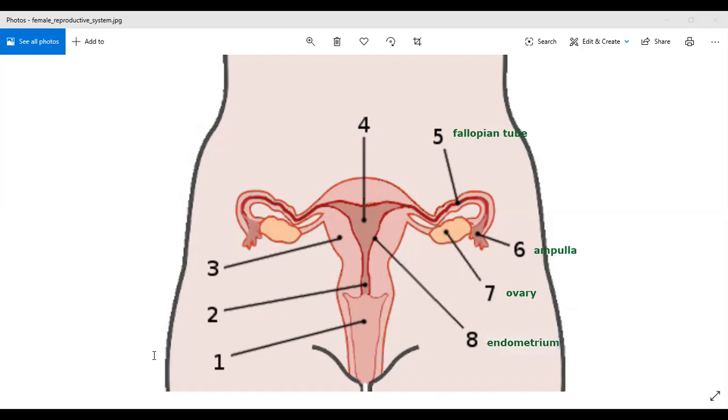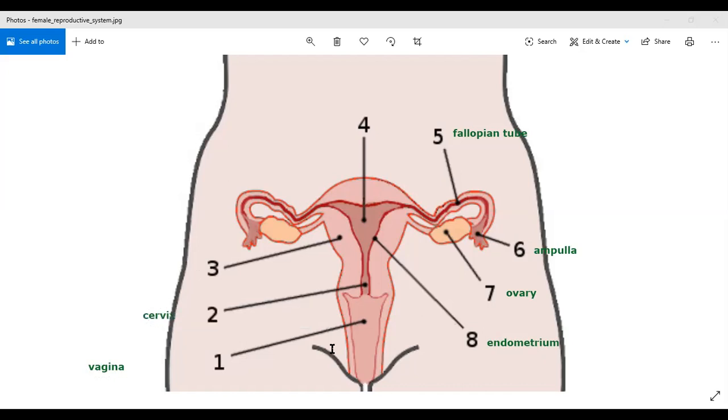Number 1. The uterine cavity? That's the vagina. So the vagina comes up, and this is the uterine cavity up here. Number 2. The cervix? That's the cervix, yes.